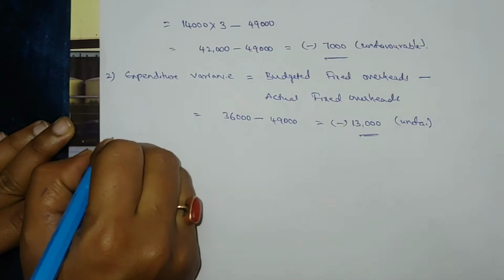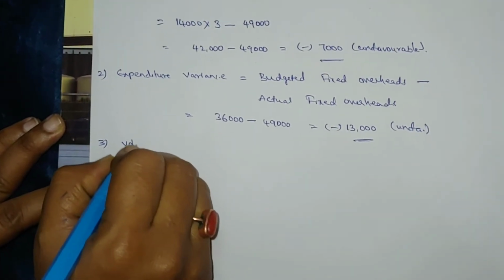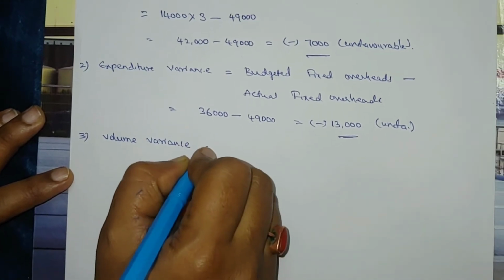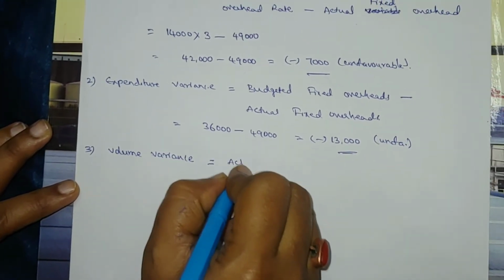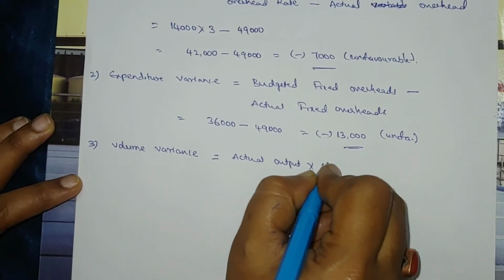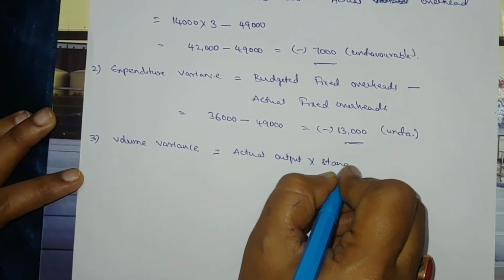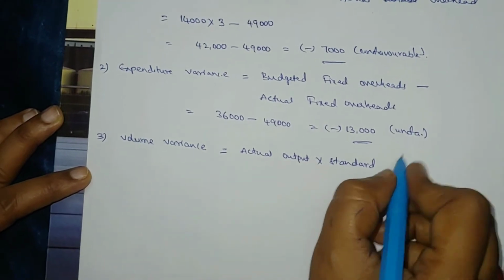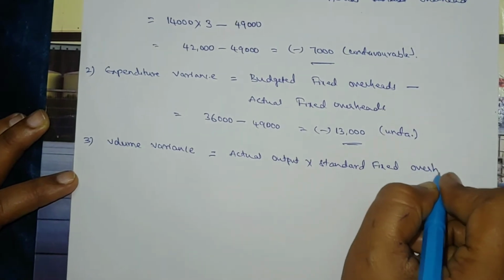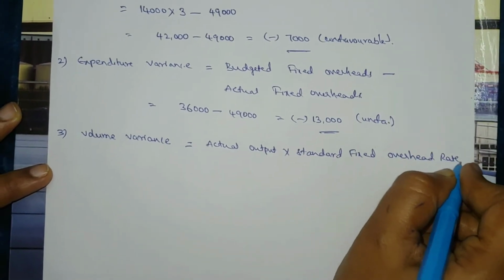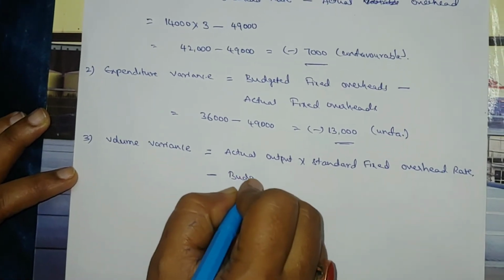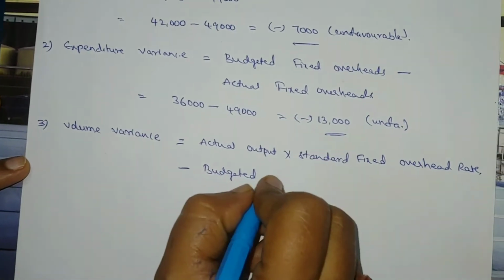Next, we have to calculate volume variance. Volume variance is equal to actual output into standard fixed overhead rate minus budgeted fixed overhead.